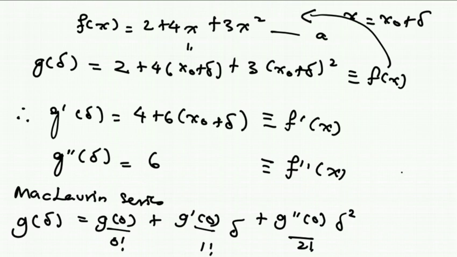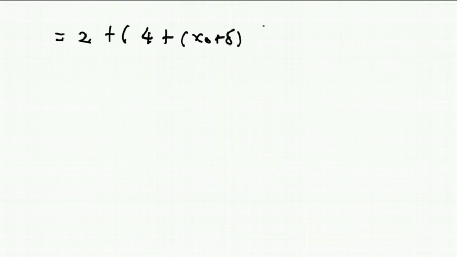And then it continues with something like this: 2 plus 4 plus 6, sorry, shouldn't be, (x naught plus delta) over 1 factorial delta plus 0.